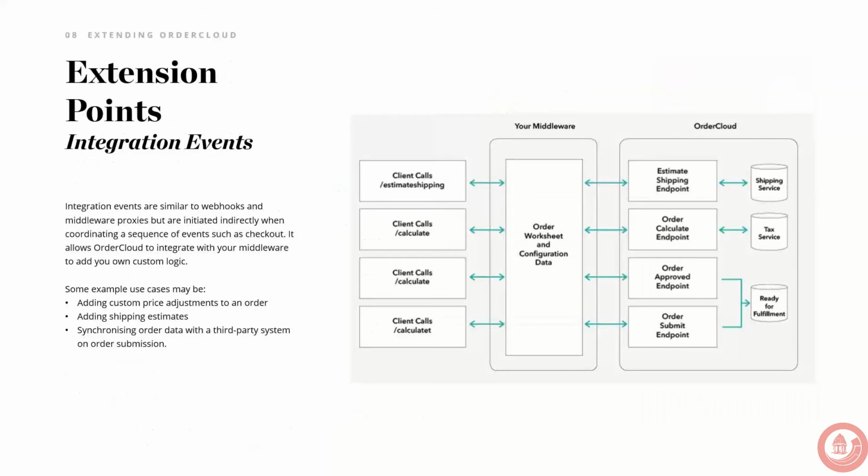Now, I don't have a slide for this, but apart from integrations, you also have the ability to extend the data model itself. Within OrderCloud, most of the resources or entities have this concept of an extension.